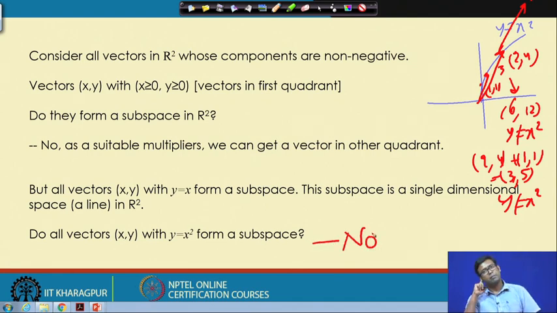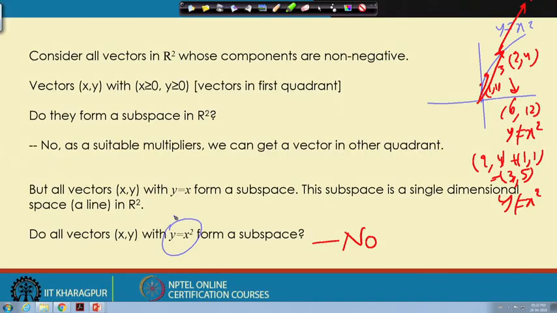If we multiply a vector with a constant, or if we add two vectors, the result does not satisfy y equal to x squared. Therefore, a vector (x, y) with y equal to x squared will not be a subspace. So, it is important that it has to go through the origin. Along with going through the origin, it also has to satisfy the criteria that if we add two vectors, or multiply a vector, the result will follow the same criteria through which we are defining the subspace.